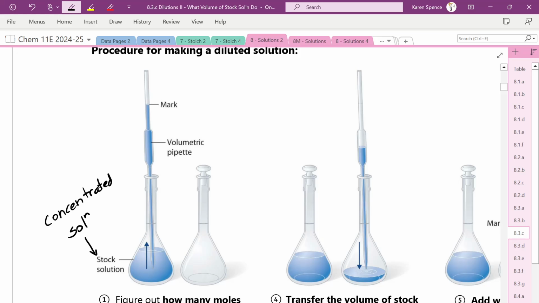Let's say in this case that we have in here 10 molar HCl. And let's say that this right here is 10 milliliters.